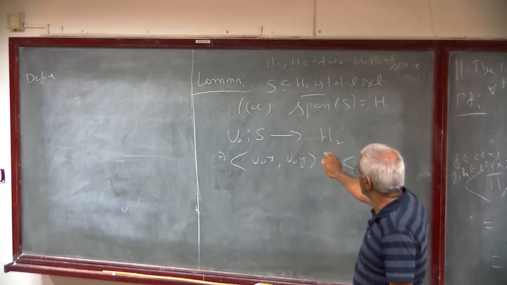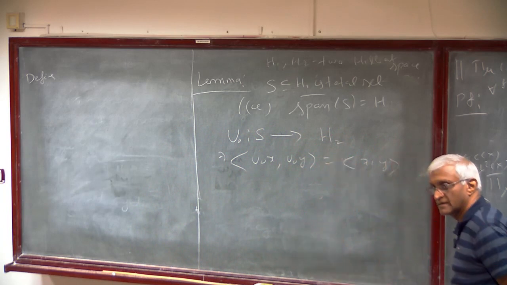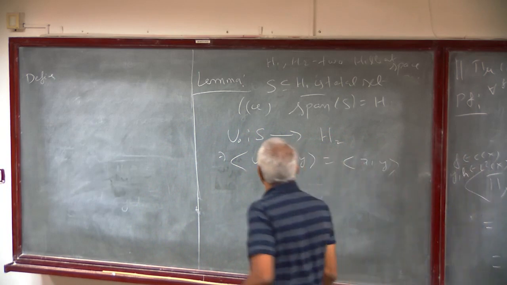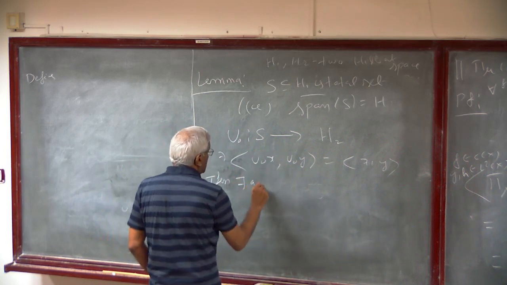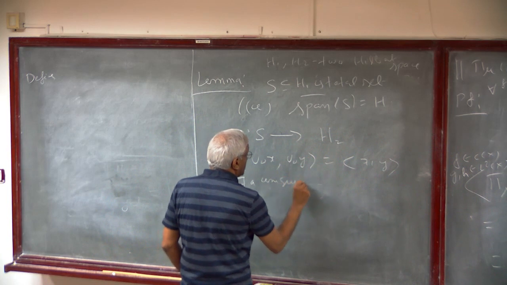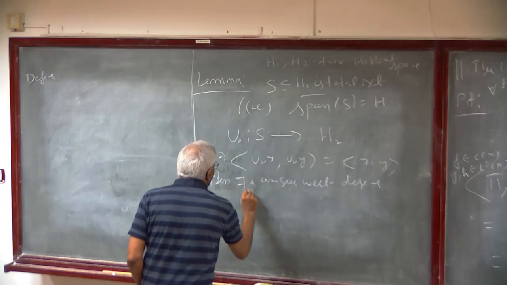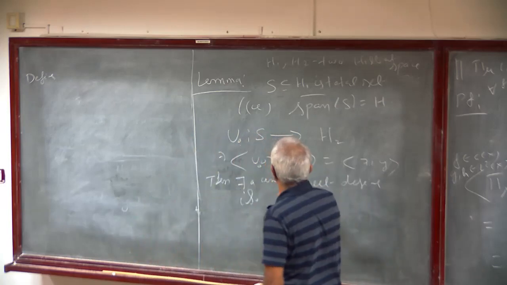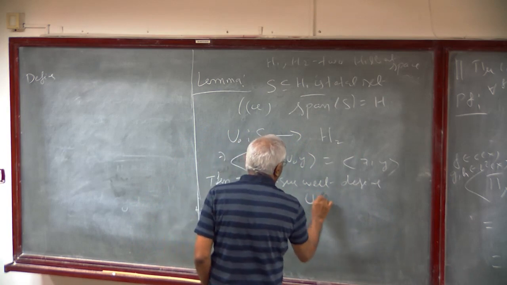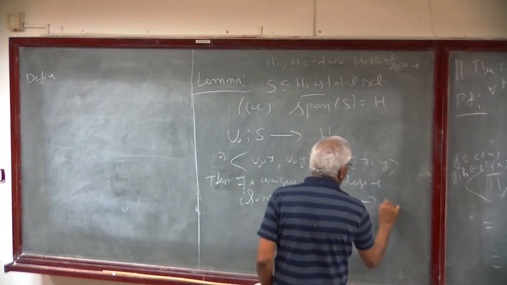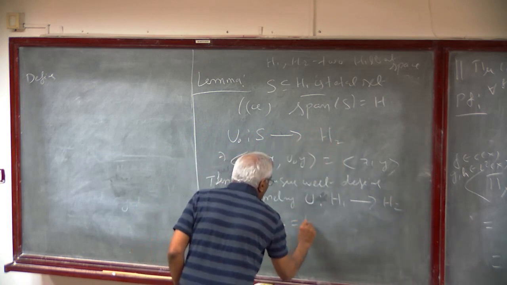I'm not assuming anything else, just some function. Then there exists a unique, well-defined isometry U from H1 to H2 such that U restricted to S is equal to U naught.